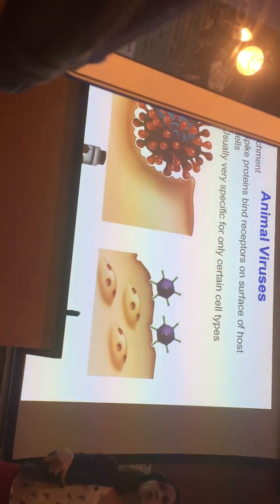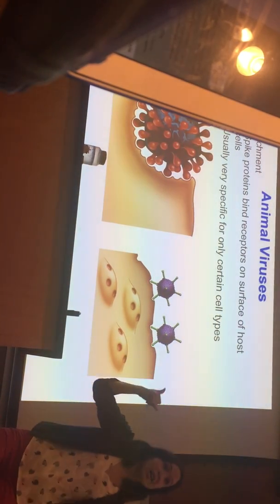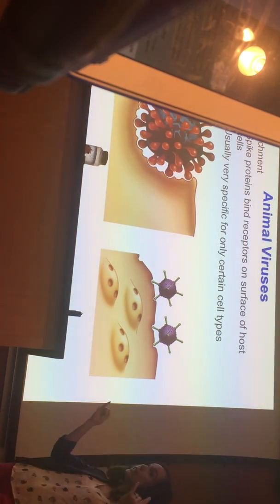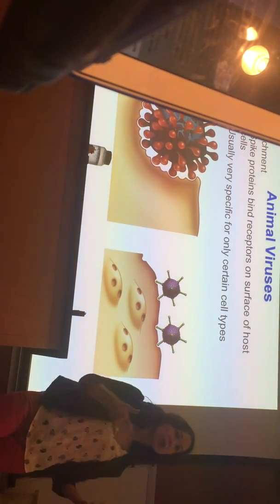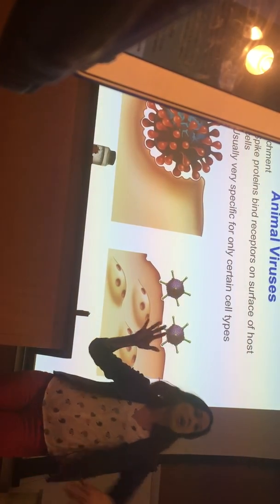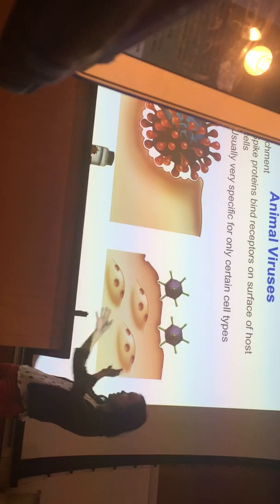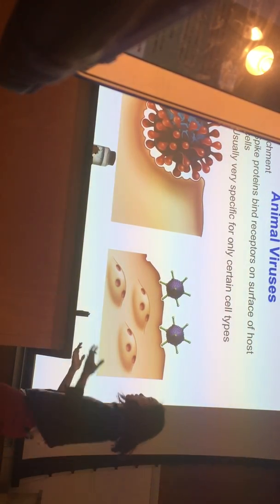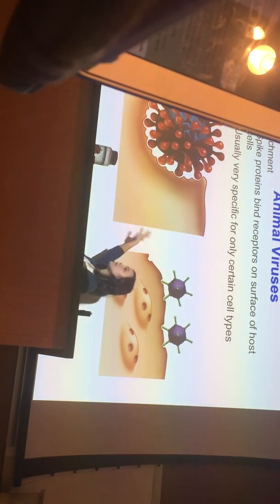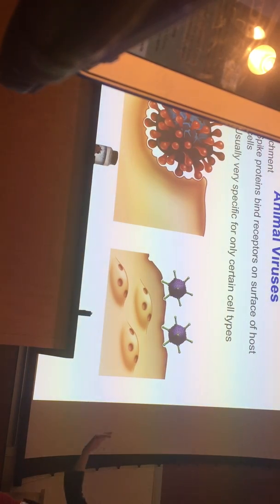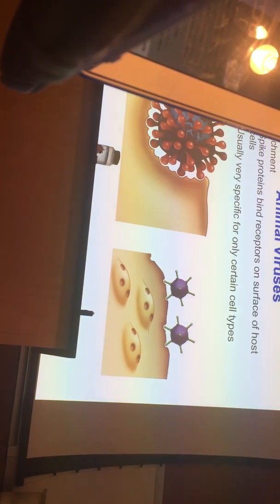So I kind of mentioned this too on Monday that knowing what the spike or the capsid likes to attach to is really important because from a pharmaceutical point of view, if there's some way that you can interrupt this attachment process, that could potentially prevent that virus from causing an infection, right? So sometimes it works and sometimes it doesn't. We're going to talk about with HIV why it doesn't work out.